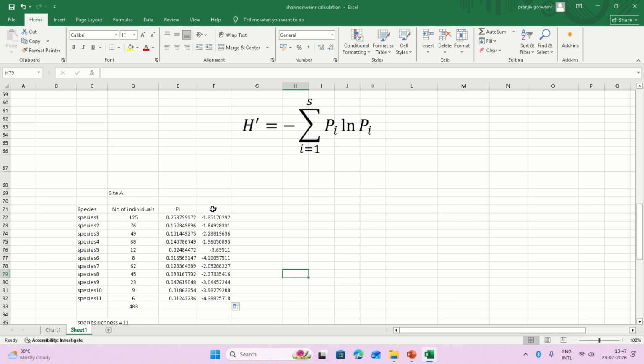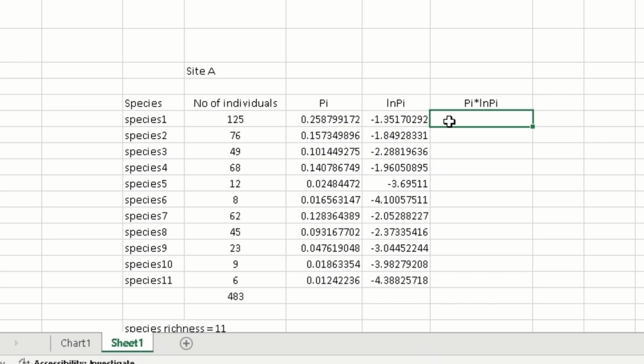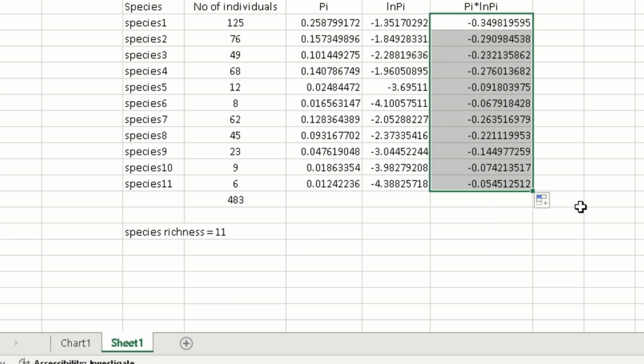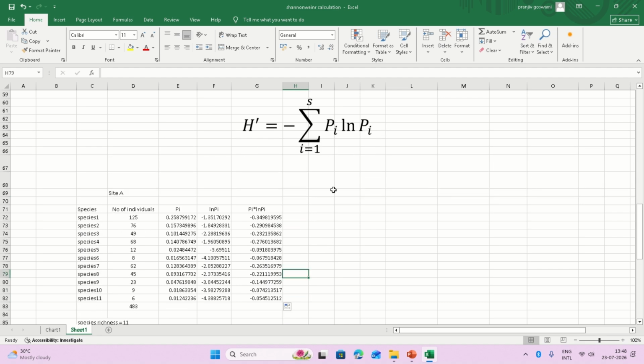So it is again Pi multiplied by this. Let's copy this formula to the remaining cells. Now we have calculated this part.